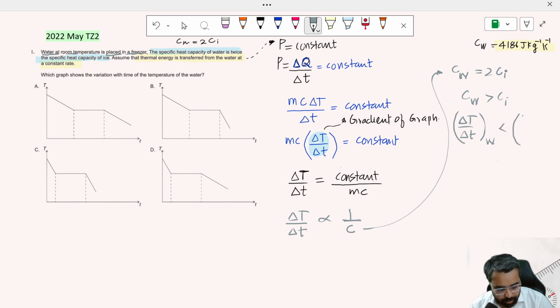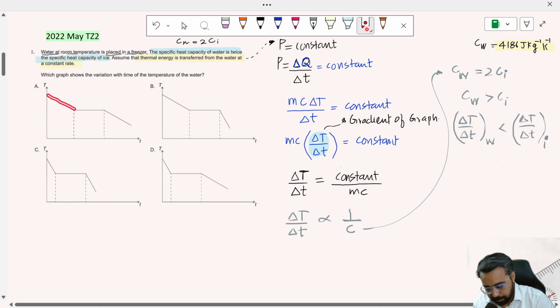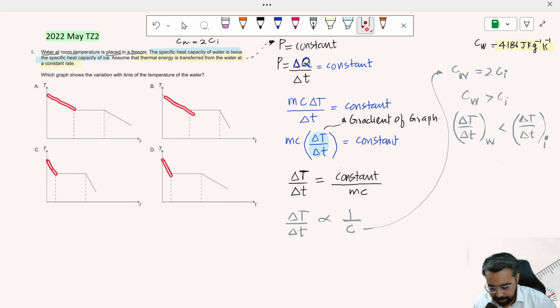So in the graph, for the segment during which water exists, it should be less steep.